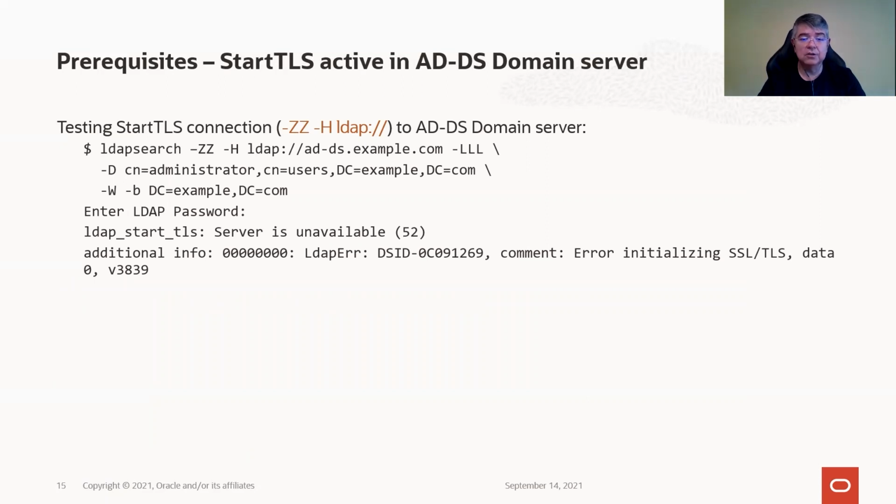So it's not going to work if you try to run -ZZ indicating an LDAPS URI for the connection. In both scenarios, I cannot connect to the server. In the first example, it was not able to connect to the server. In this example, I got an error initializing the SSL/TLS connection. In both cases, I can just confirm it's not available.